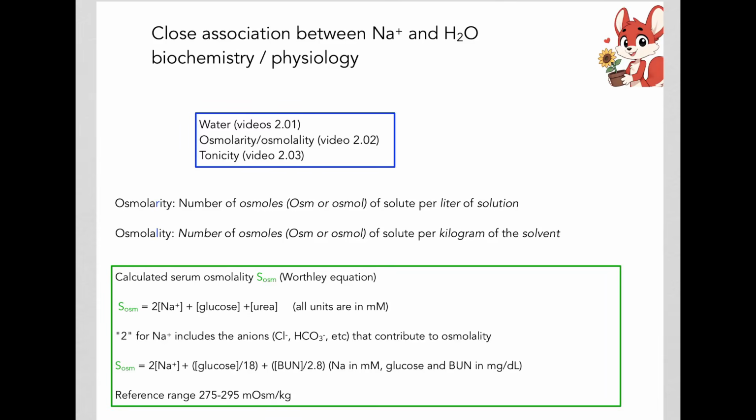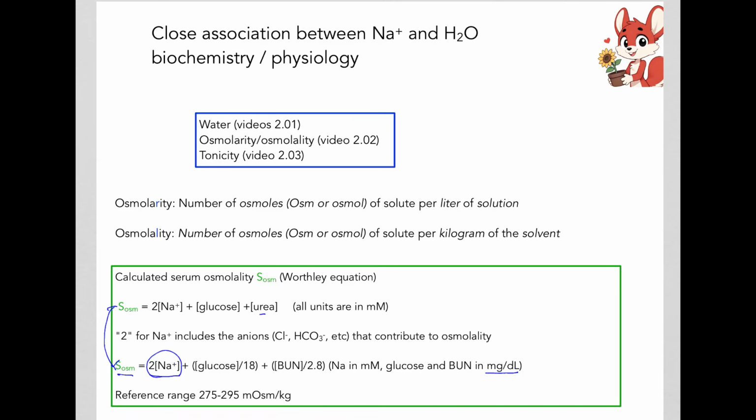Now, in some countries, including the United States, we do not report glucose as well as urea in millimolar. We use milligrams per deciliter. In that case, this formula is modified slightly. The serum osmolality is 2 times sodium.